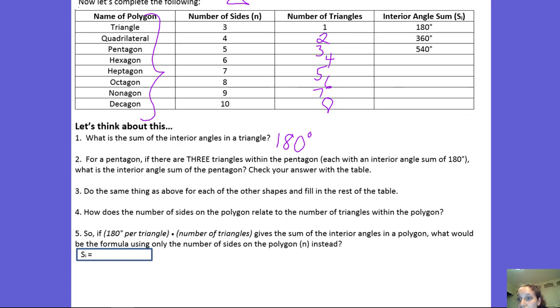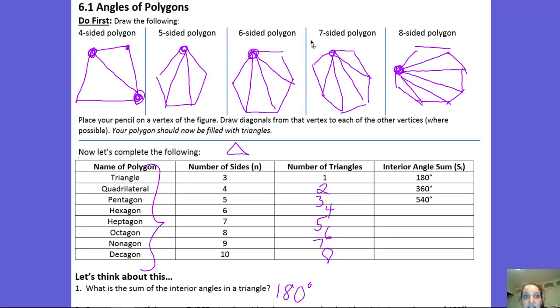So what we've done is we've taken these really complicated, mysterious polygons, and we've broken them down into triangles. Triangles are something we're really comfortable and familiar with. What I'm doing is taking two triangles and sandwiching them together.